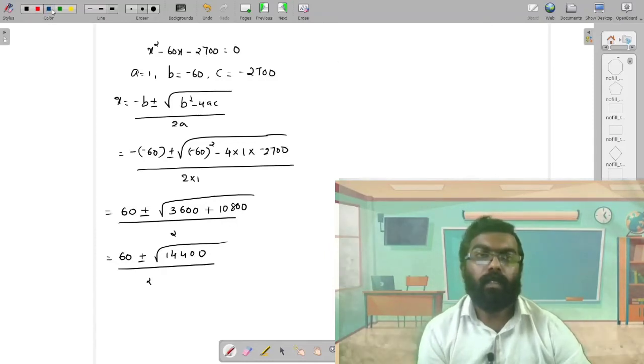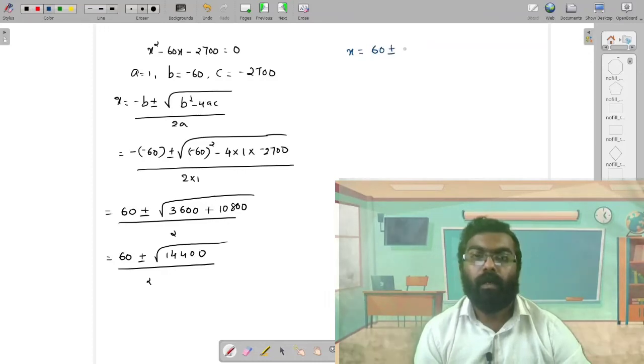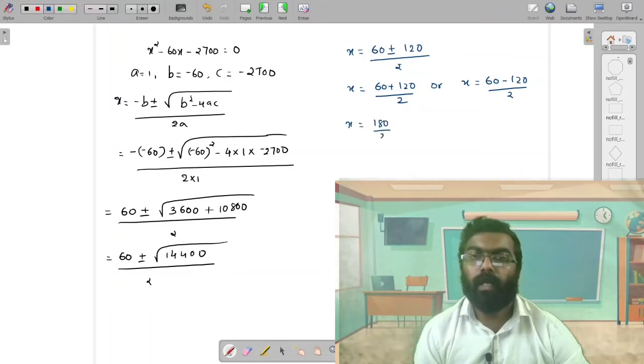That is x is equal to 60 plus or minus root of 14,400, which is 120, whole divided by 2, that is x equal to 60 plus 120 divided by 2, or x equal to 60 minus 120 divided by 2, and x is equal to 180 divided by 2, or here it is minus 60 divided by 2, that is x equal to 90 or x equal to minus 30.